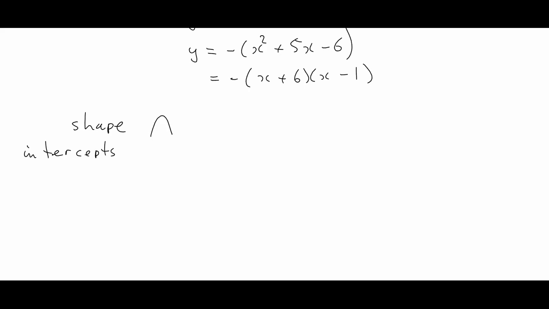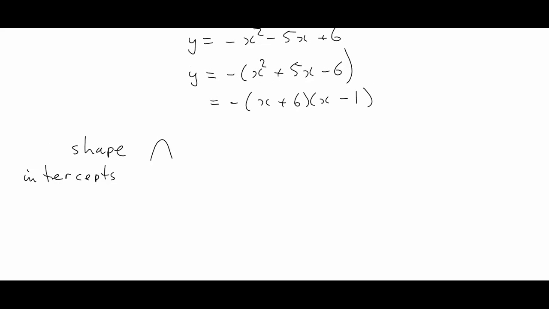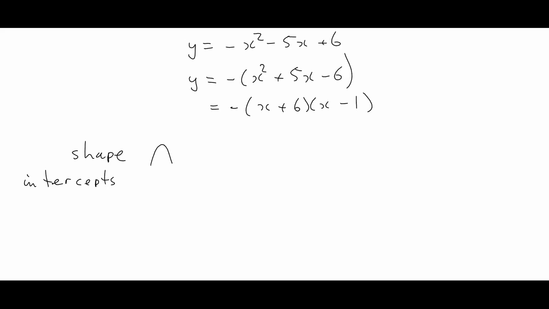The intercepts, well, we've got plus 6 when x is 0, so 0, 6 again, and then we can see where x equals minus 6 or x equals 1, y equals 0, so we also have minus 6, 0 and 1, 0 as the intercepts with the x-axis.